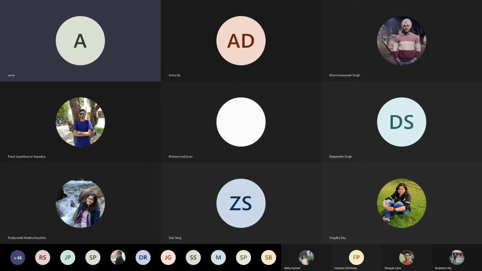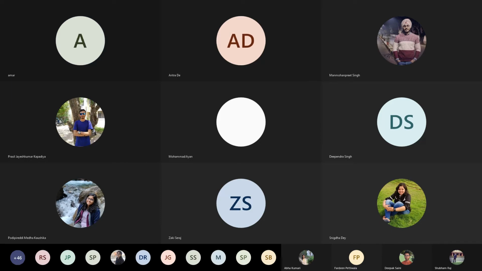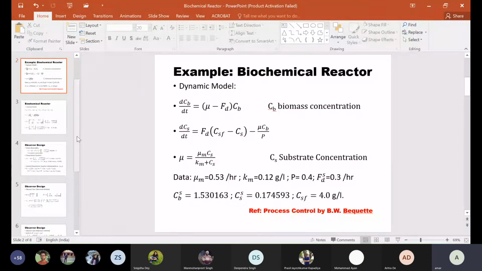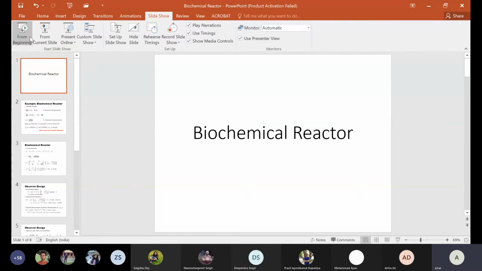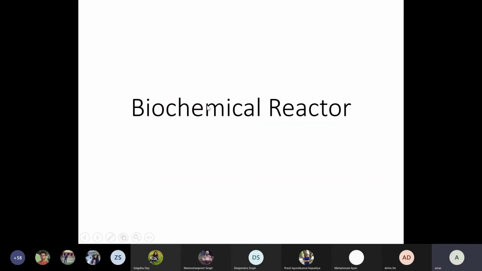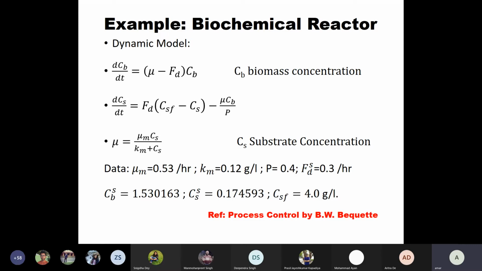Let me just explain. Here I will use a biochemical reactor to show the MATLAB implementation.